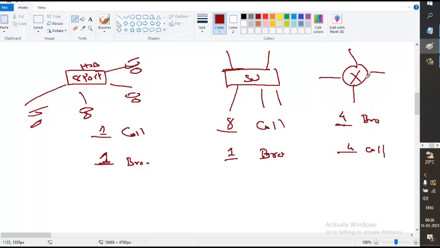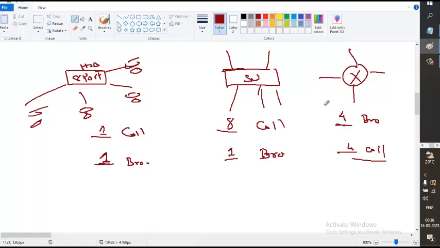So router knows which port belongs to what network. So that solves the collision problem. Because the router knows what network is on which port, like a switch knows what MAC address is on what port. Router also knows what network, what IP address, what network address is on what port.